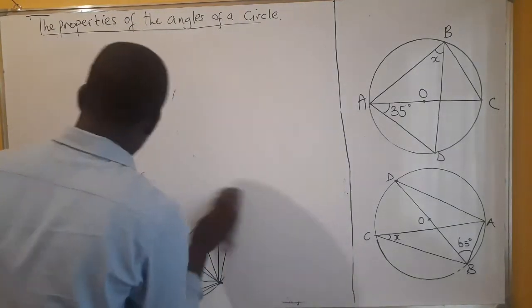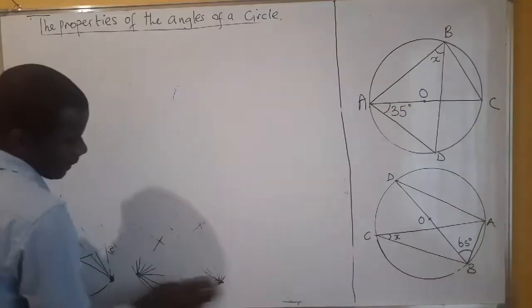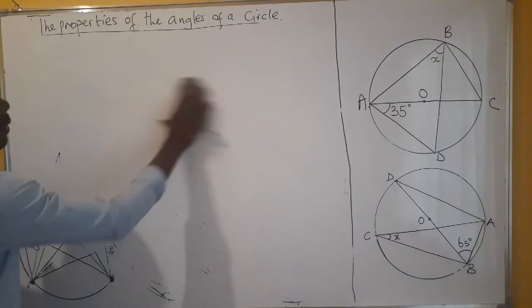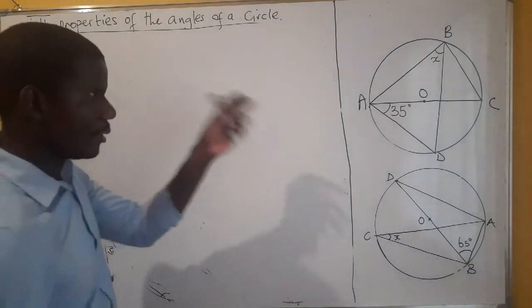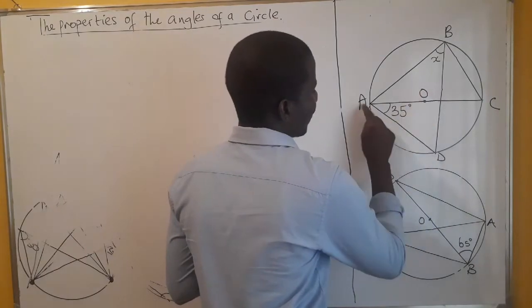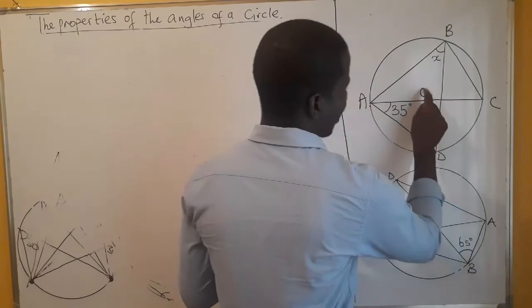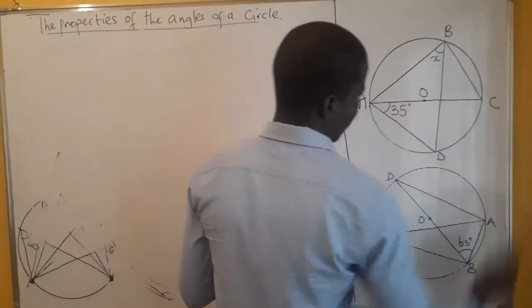As I was explaining here, I did give you a lot of examples. Okay? So, just by virtue of this O, we know that AC is a diameter. AC is a diameter. That's what it means. This one passes through the center of the circle.